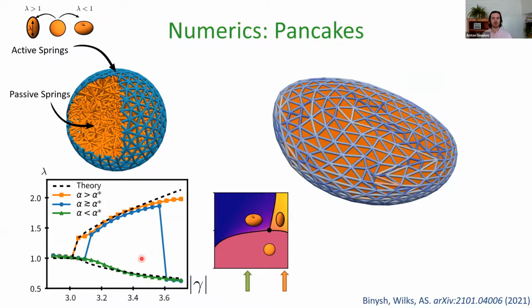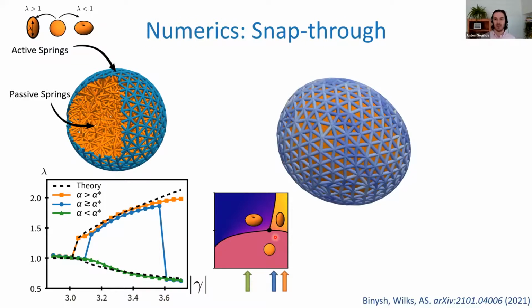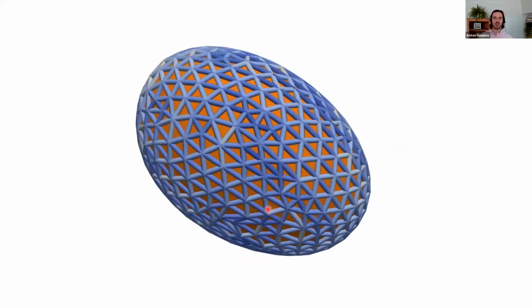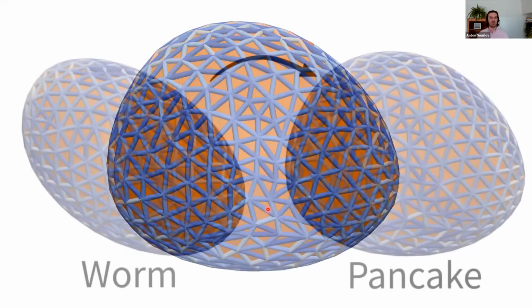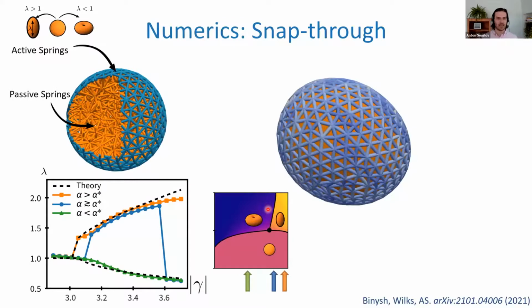But perhaps the most surprising part of the phase diagram is the one just to the right of the critical point, where you have a particular slope for this transition between pancakes and worms, and therefore you can snap through twice, right? What you see here following this line is that if I play the video, first you make a worm, and then the worm snaps through again to a pancake.